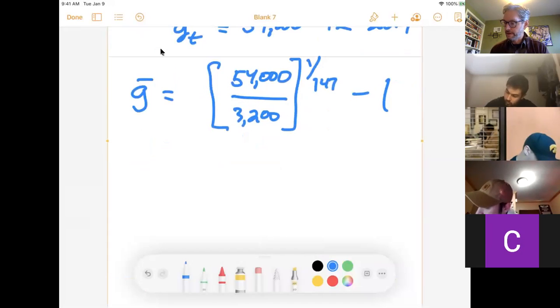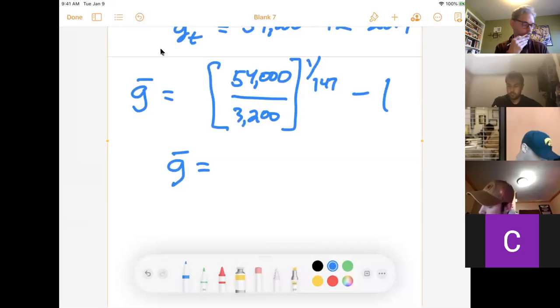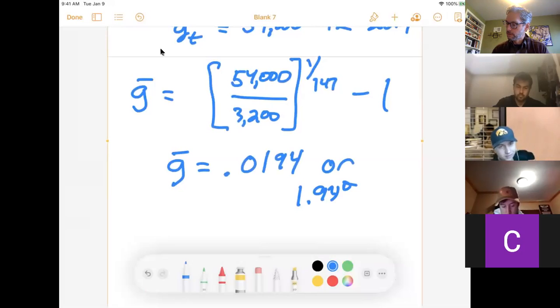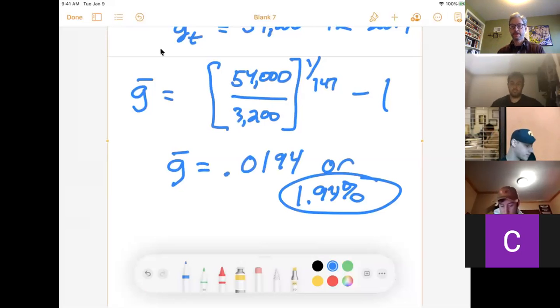Anybody got a calculator there? They want to do this for us? Well, I'll just remove the suspense and tell you what it is. g-bar here is 0.0194, or 1.94%.